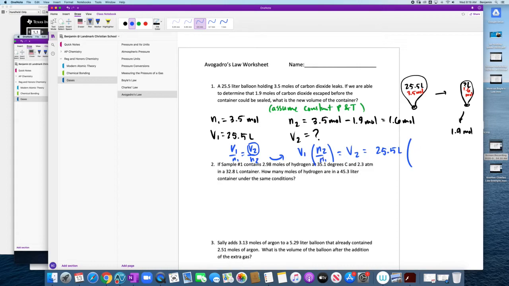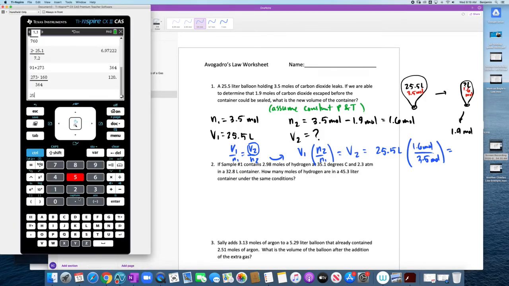And then the ratio of our moles, 1.6 over 3.5. So that ratio of moles multiplied by our original volume gives us our new volume. 25.5 times 1.6 over 3.5. And rounding to two significant figures, right about 12 liters.